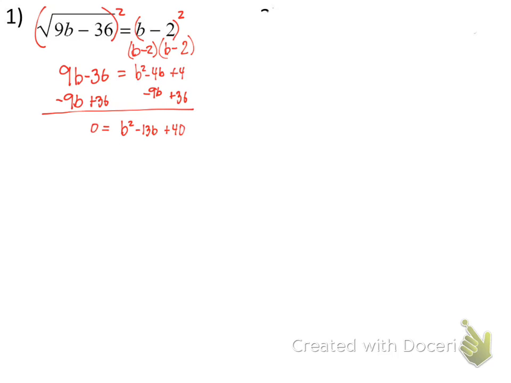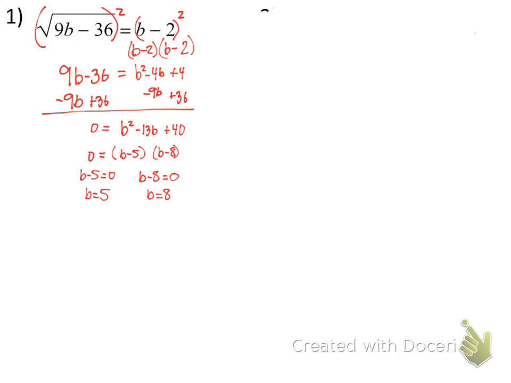Okay? So 0 is equal to, open parentheses, b minus 5 times b minus 8. I'm factoring now because I have everything together. Zero product property, we got b minus 5 is equal to 0, and then b minus 8 is equal to 0. So b is equal to 5, and b is equal to 8.